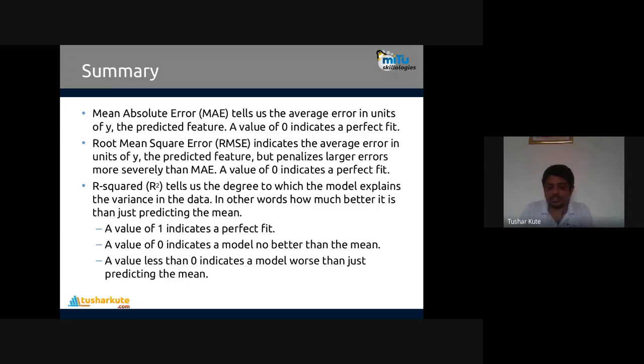And R squared error, the third one, tells us the degree to which the model explains the variance in the data. In other words, how much better it is than the predicted mean. So here a value of 1 means a perfect fit, 100% accuracy. A value of 0 indicates the model is no better than the mean, 0% accuracy.